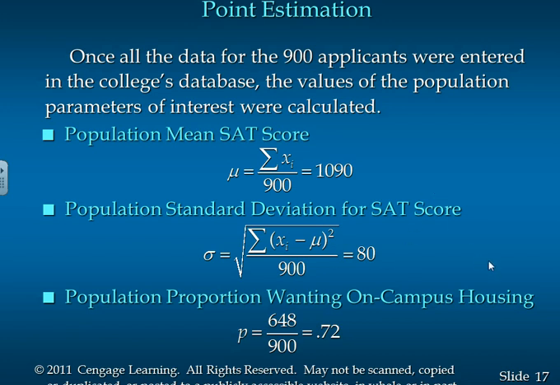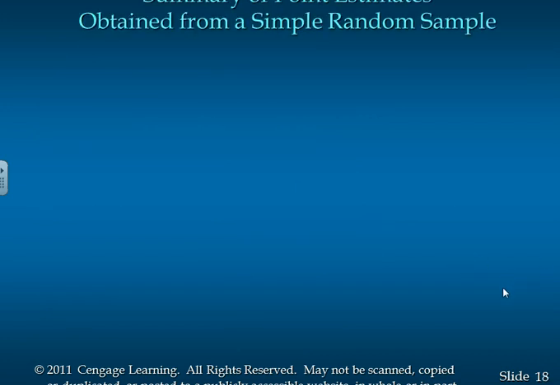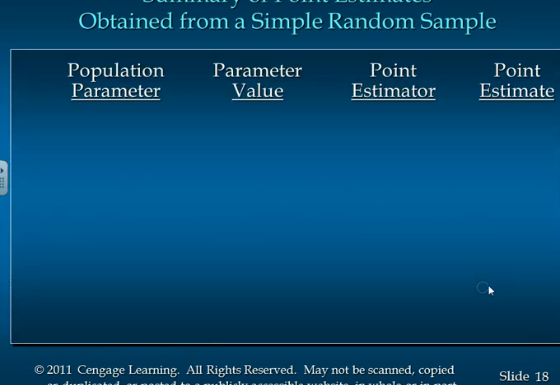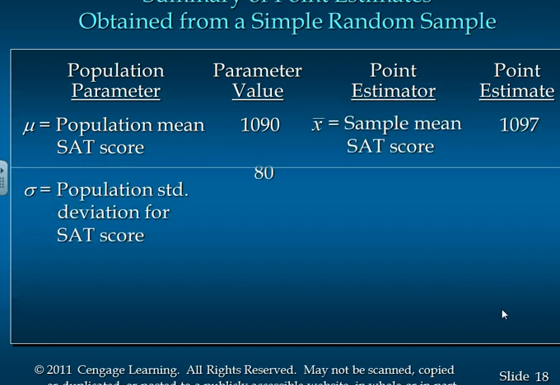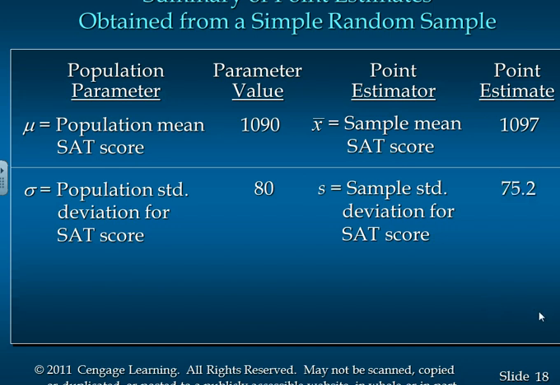So we based decisions on data that was wrong, but data that was perfectly okay within anybody's idea of correctness anyway. Summation. Parameter value, point estimate, real value, point estimate, and who wanted to be in housing.